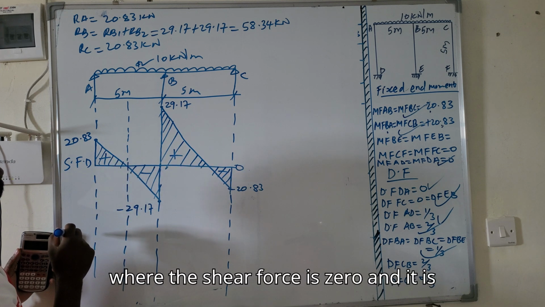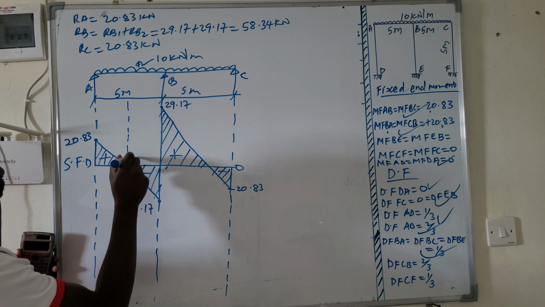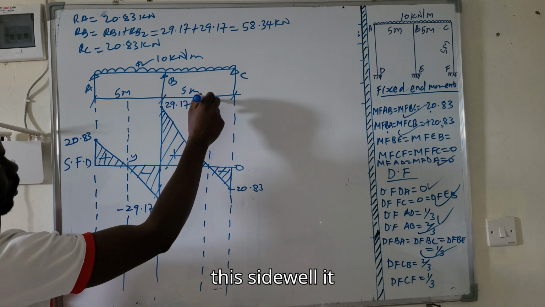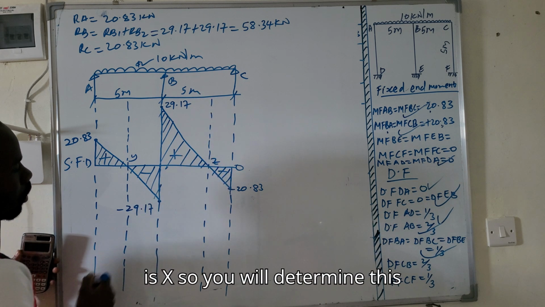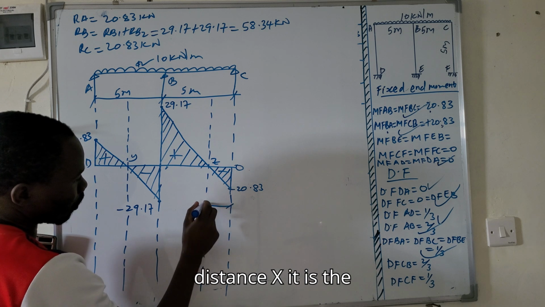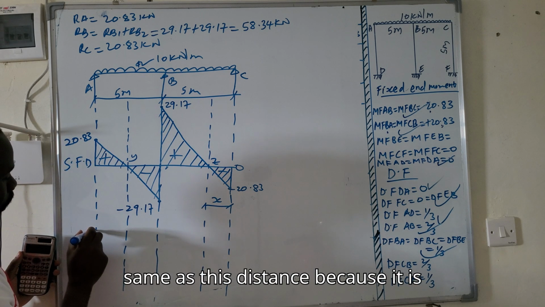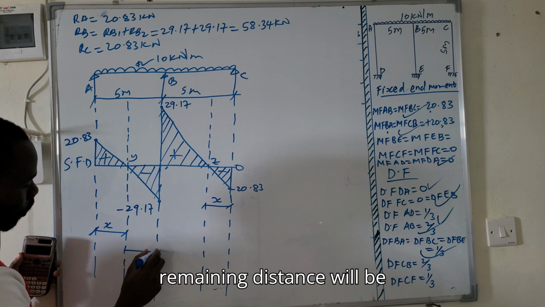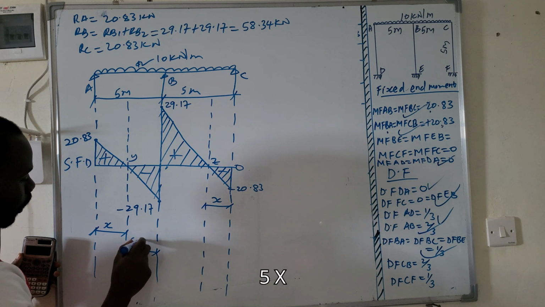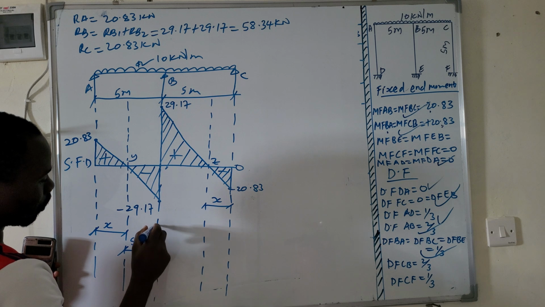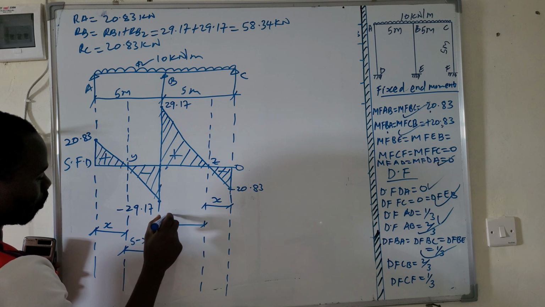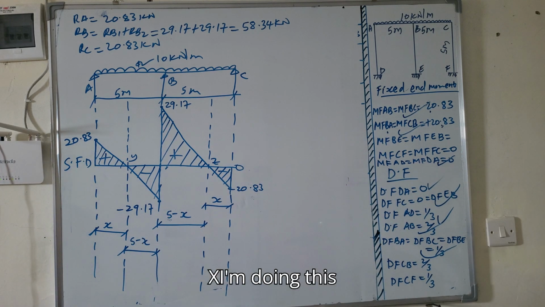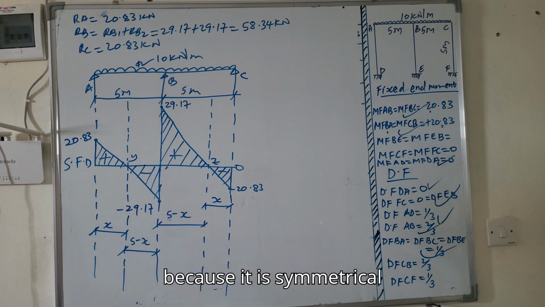Where the shear force is 0 and it is changing sign from positive to negative, call it Y. Again, identify at this side, call it Z. So you will determine this distance, X. It is the same as this distance because it is symmetrical, X. So the remaining distance will be 5 minus X. Again, this one, 5 minus X. I'm doing this because it is symmetrical.